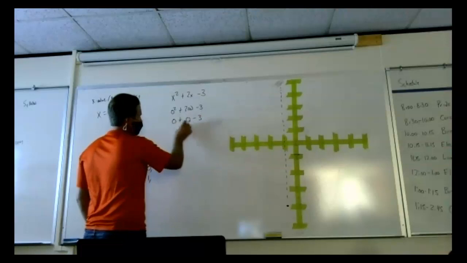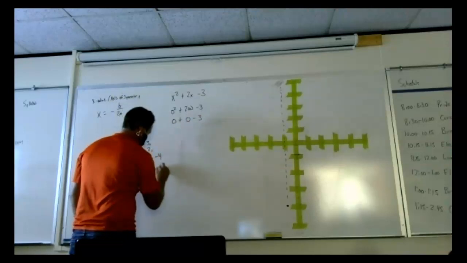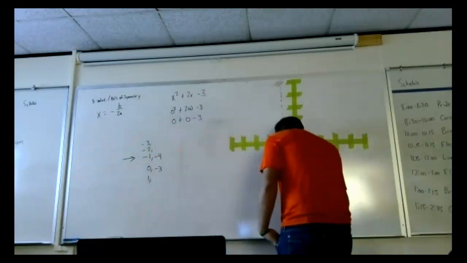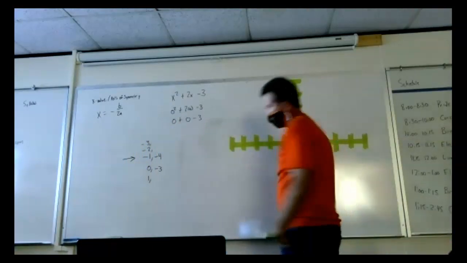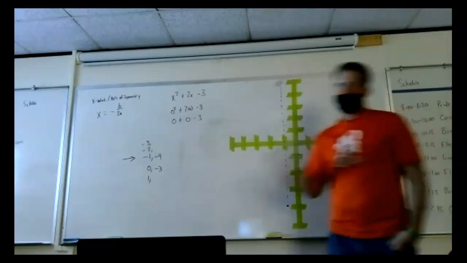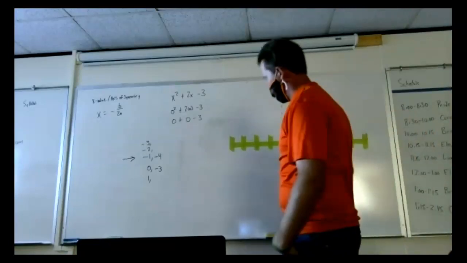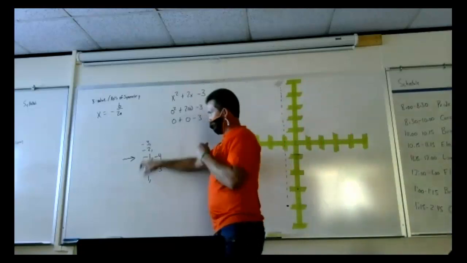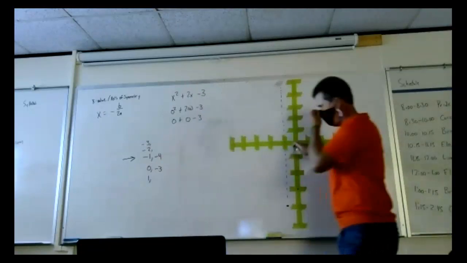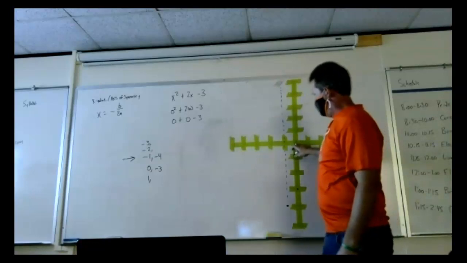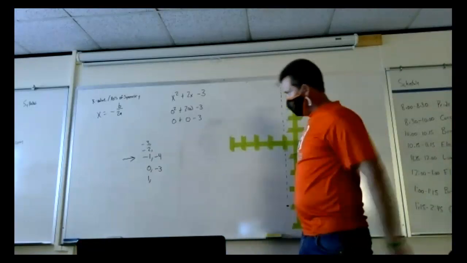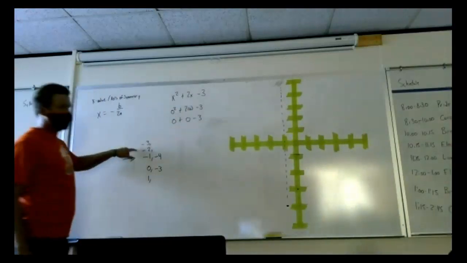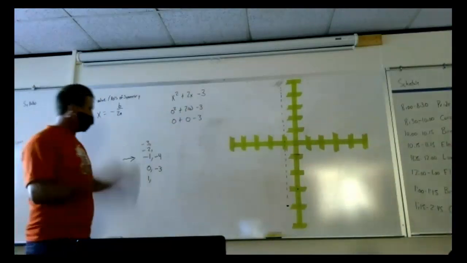So 0 plus 0 is 0, minus 3 is a negative 3. And my y-axis point is right here. But this is where the axis of symmetry makes it very easy for you. I've been given the point 0, negative 3, and it is 1 to the right of my vertex. So since my graph is symmetrical, I already know what the point 1 to the left is going to be, because it has to be symmetrical.